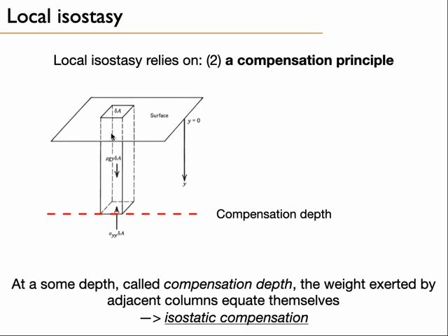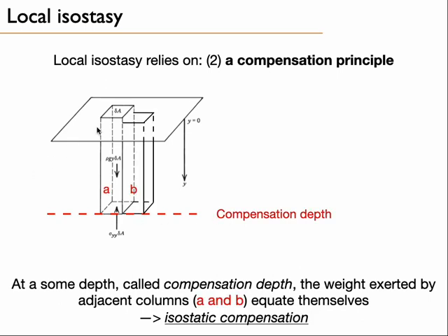So let's have a look at our sketch here. We have our object here and we draw a line at the base of the object. We're going to call that the compensation depth. If we draw another column next to it, we will study it until the same depth, the compensation depth.